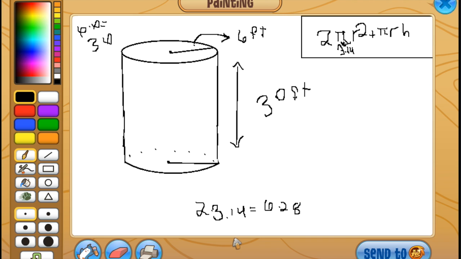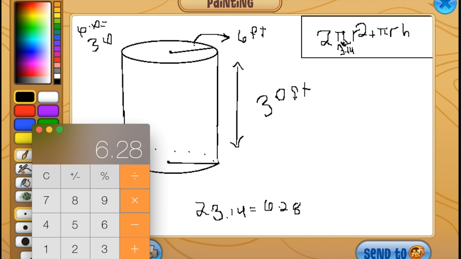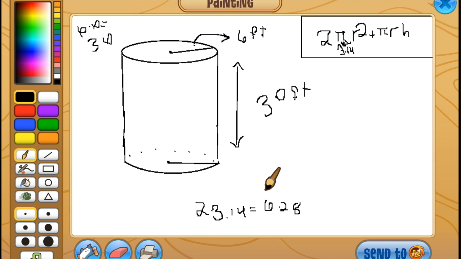So now that we have that, let's look at the next thing. We did 2 times pi, 6.28. Then we have radius squared. So that would mean that we multiply that by 36 because we did 6 times 6 and our radius is 6 feet. So let's do that times 36. That is 226.08 feet so far.